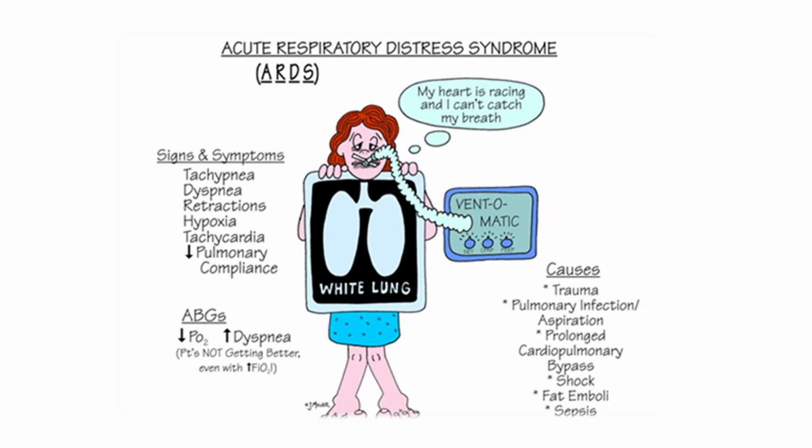ARDS is an acute and diffuse inflammatory lung injury. So basically, it is that surge of the lungs. And it's going to be characterized by refractory hypoxemia, and the lungs are going to become stiff and non-compliant because there's going to be widespread alveolar damage.